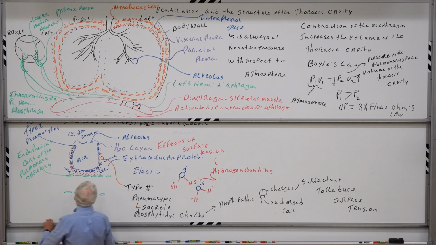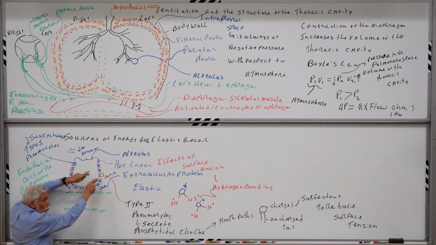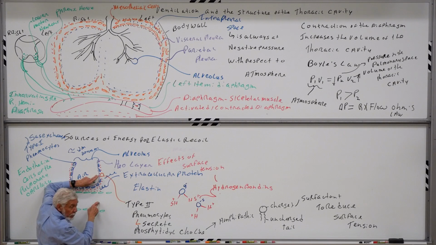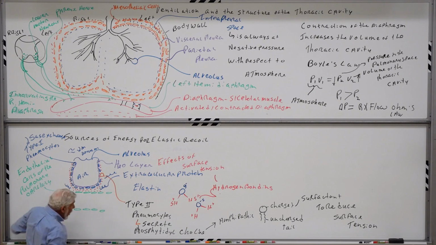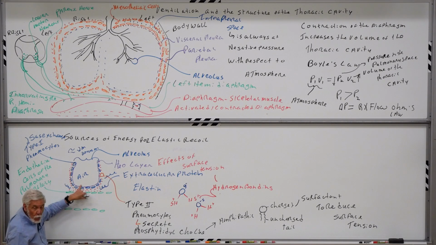To give you some sense of how important this is, just before birth, one of the things that happens is that these type 2 pneumocytes in the lungs of the baby that's about to be born are turned on. And they're turned on so that they can generate phosphatidylcholine to reduce the surface tension. One of the real risks for premature birth is that these type 2 pneumocytes have not been activated. So in these babies, there's no phosphatidylcholine being produced.